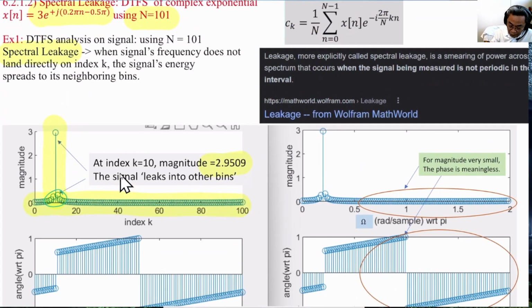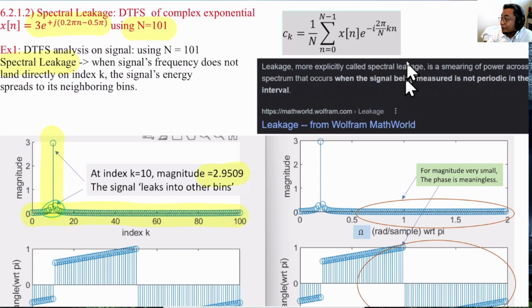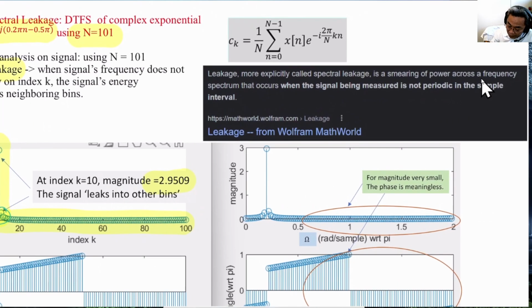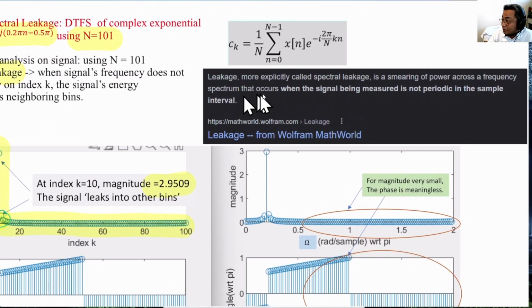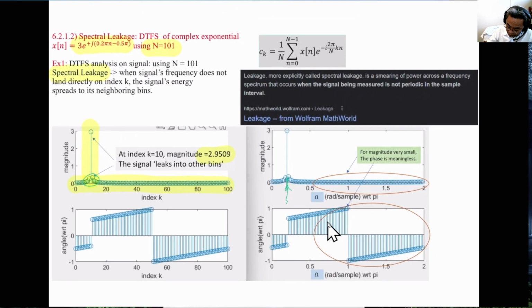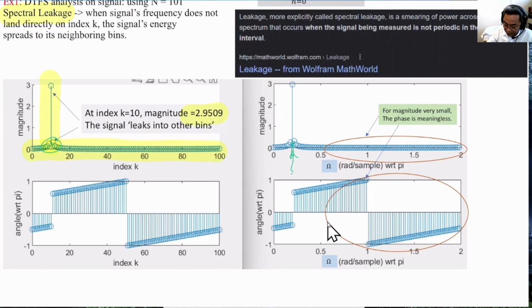This is called spectral leakage. It occurs when the power of the signal goes into the spectrum of other neighboring frequencies, because the signal being measured is not periodic at the interval of the frequency. So at exactly this point here, it is not 0.2 pi, and that is why it leaks.